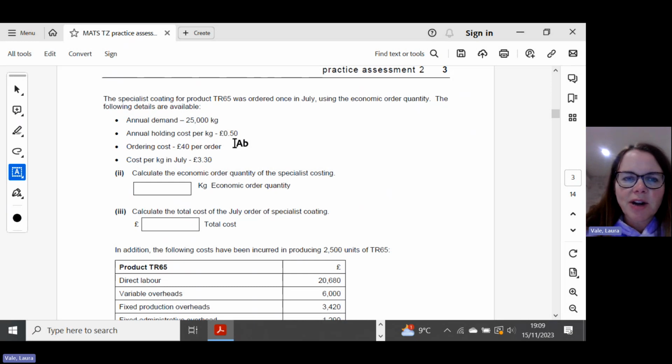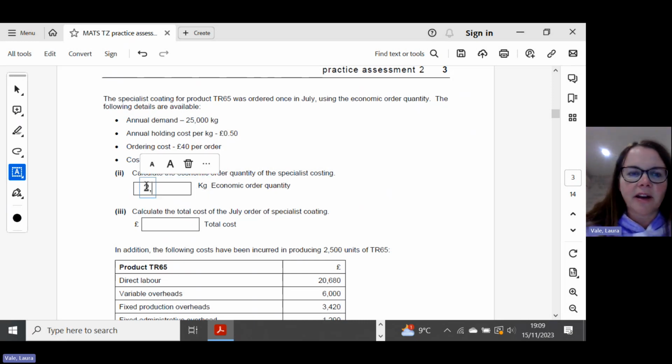Don't forget to press your equals button and then square root your answer. So you're basically using this formula that you should have memorized. So that gives us an answer of 2,000 kilograms.